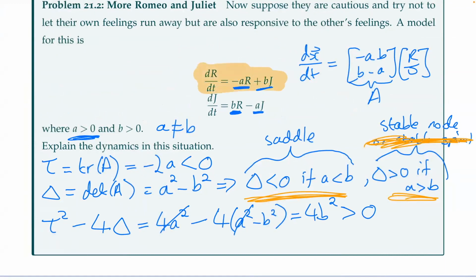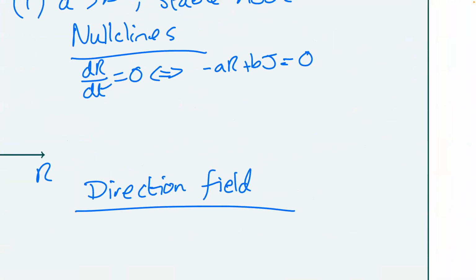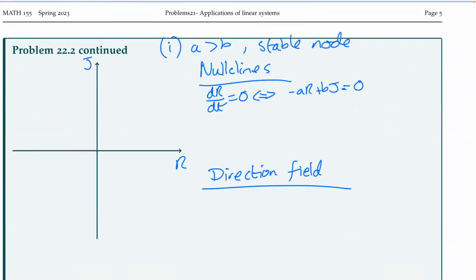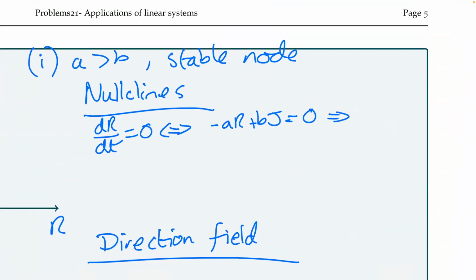Setting this equation equal to 0 gives us the null cline for R. So if I set that equation to 0, I get minus AR plus BJ is equal to 0. Now I need to rearrange this. Now I'm going to have J on my vertical axis, so I usually find this is best if we rearrange in terms of J. So I can rearrange this, take the AR to the other side and divide by B. I'm going to get J is equal to AR over B.